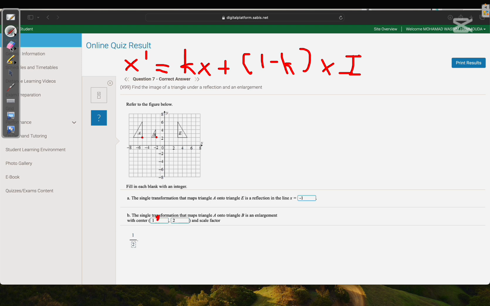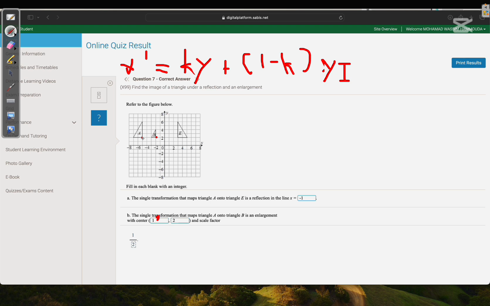Now for y we do the same thing, but instead of x prime we use y prime, and instead of kx it will be ky, and here it will be yi. Let's use the same points again. The original has a point with y coordinate of 2.